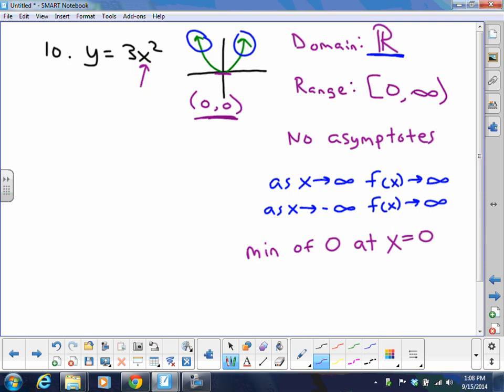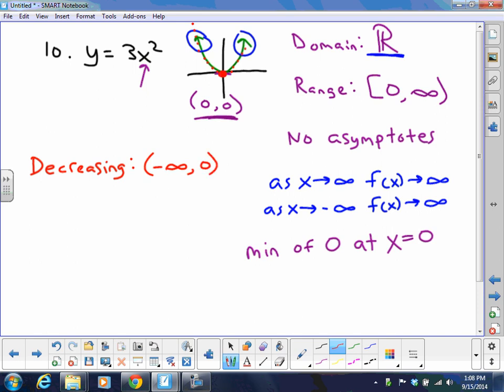All right, now increasing, decreasing is slightly different on this one. As we read from left to right, it's decreasing, and then once it hits that vertex, it starts to increase. So we need to mention both of those. This thing is decreasing, and you need to tell me over what interval, so over which x values. It's decreasing all the way from negative infinity until it gets to 0.